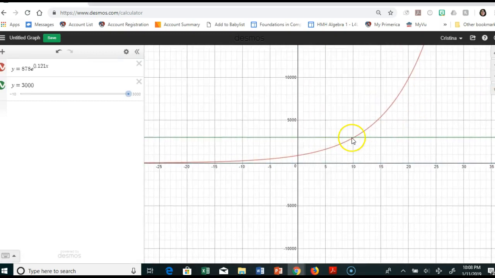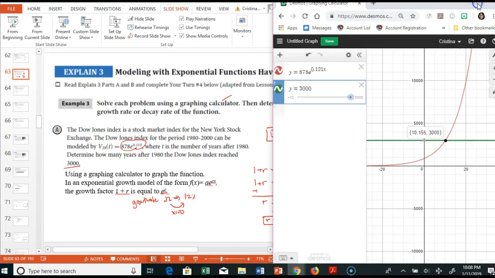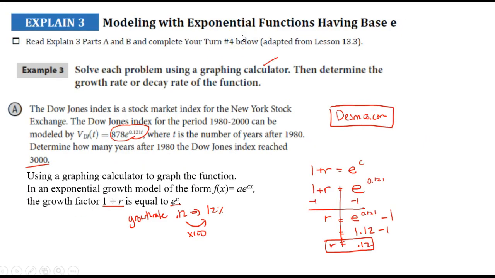But in this case, it looks like they both cross. And they cross at $3,000 after about 10 years. Okay, so let's go ahead and write that in. So after about 10 years, the Dow Jones could be predicted to hit about $3,000.